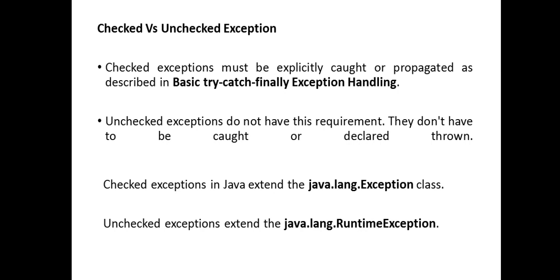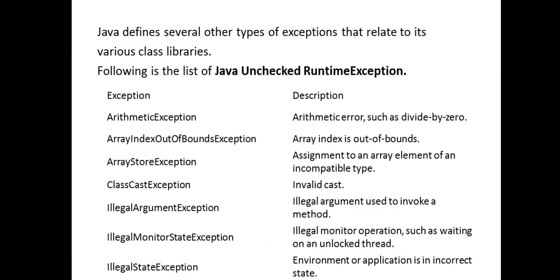Now checked exceptions in Java extend the java.lang.Exception class, and unchecked exceptions extend java.lang.RuntimeException. Good. So these are some classes of unchecked exceptions: ArithmeticException, ArrayIndexOutOfBoundsException, ArrayStoreException, ClassCastException, IllegalArgumentException, IllegalMonitorStateException, IllegalStateException.